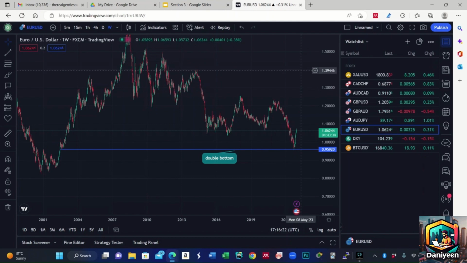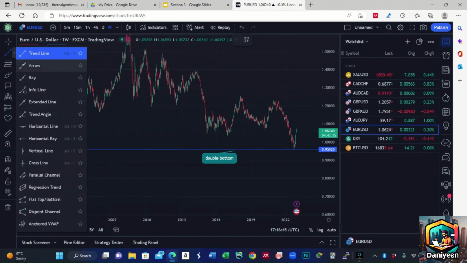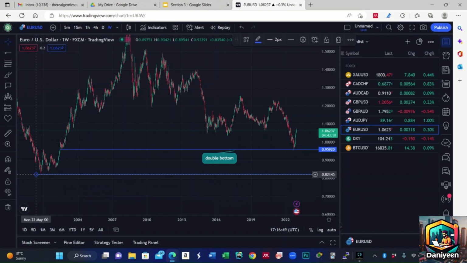When I'm teaching you technical analysis, I'm going to be teaching you how to use this particular area, what you can look forward to, to catch the impulse upward. So this is an example of a double bottom. For example, this bottom also, there's another bottom here.